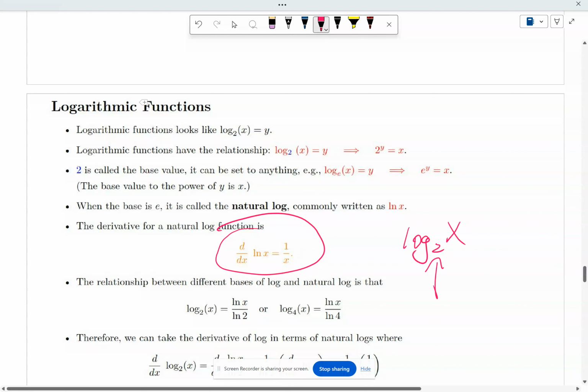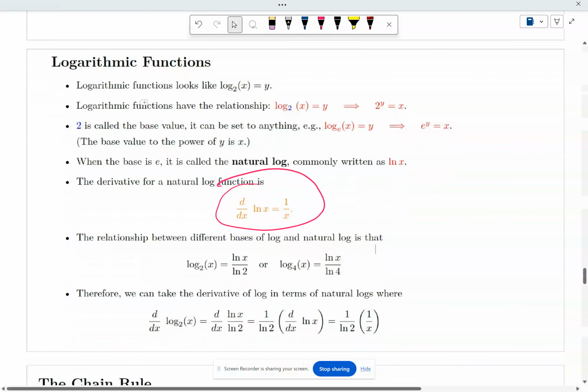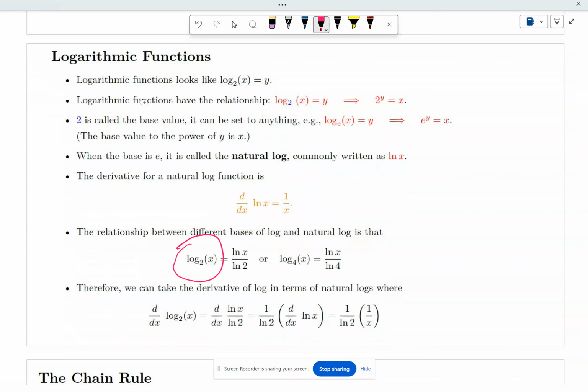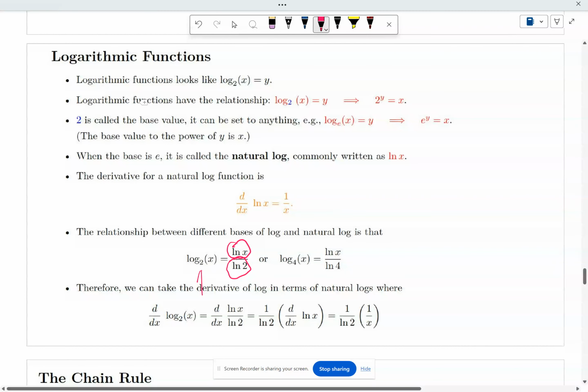Well, to do this, we simply have to convert these logs into natural logs. And the way it works is such. We have, for example, log base 2 of x. There's a very special property for converting logs into natural log: log base 2 of x is equal to the natural log of x divided by the natural log of the base.